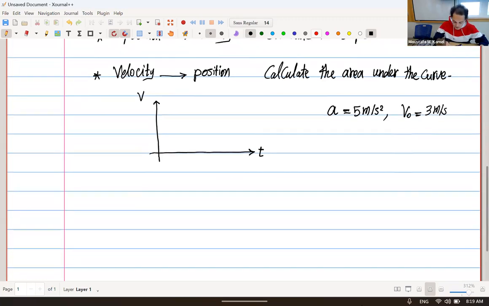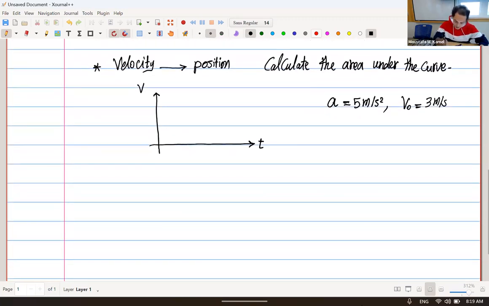It's a velocity to the right. Then from the kinematic equation, we can calculate the velocity at any point in time, being v initial plus a times t, which is equal to 3 plus 5t. We can plot that on the graph here. This is 3.